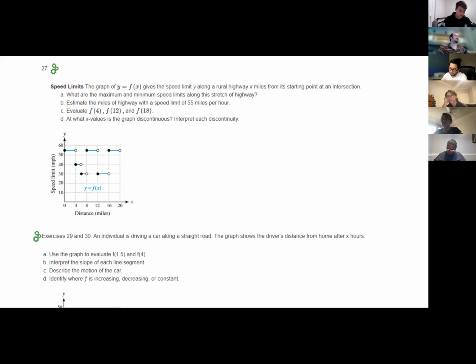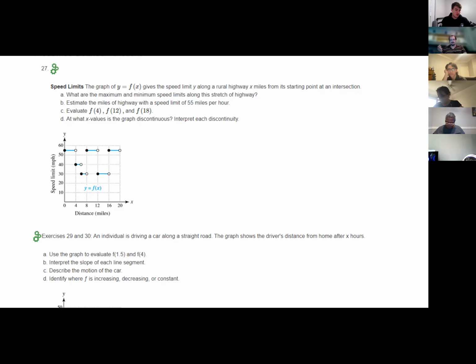So what's the max? What's the highest the speed limit goes? Reading this, which one is that? So my x variable or y variable?